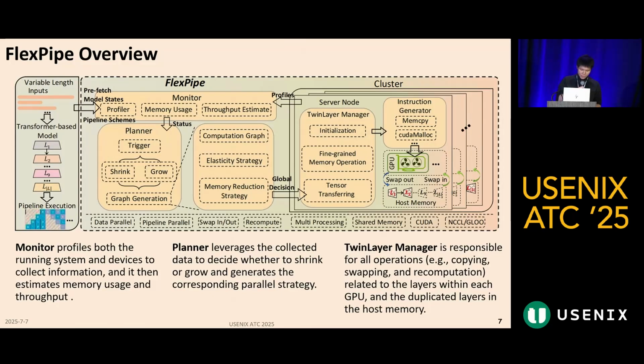To address these challenges, we designed a framework, FlexPipe, as a middle system between a typical training system and its underlying execution engine, dynamically adjusting the number of PP stages and configurations. Our architecture comprises 3 main modules: monitor, planner, and twin layer manager.